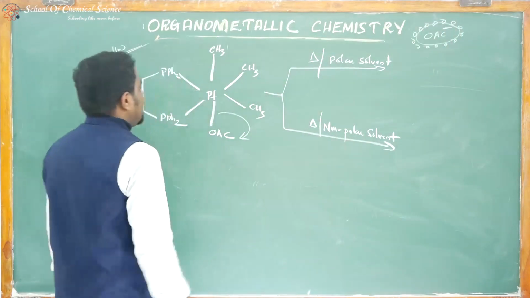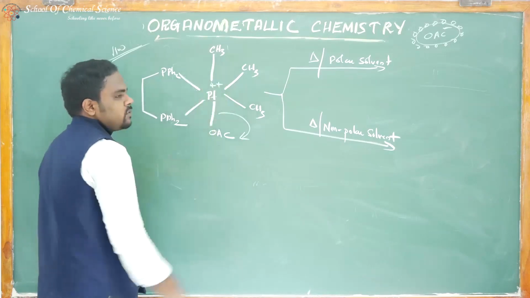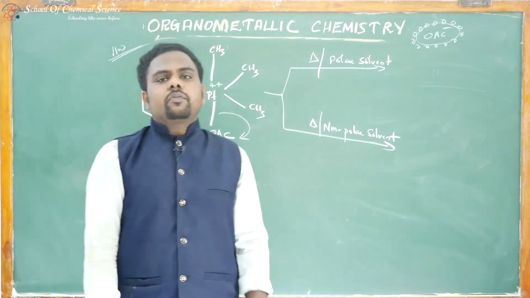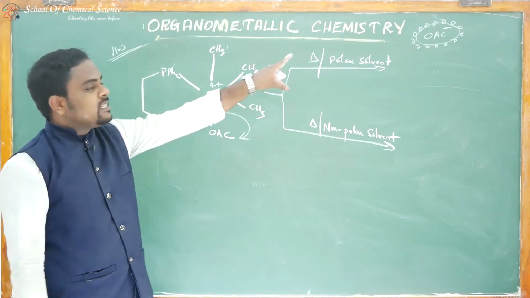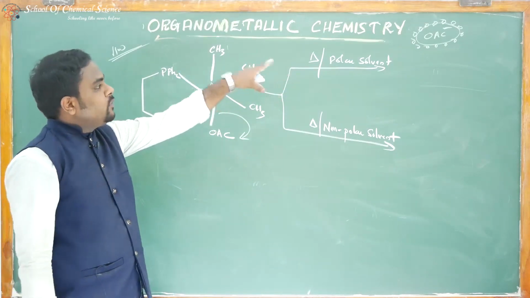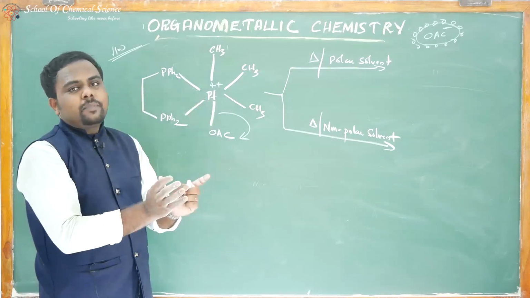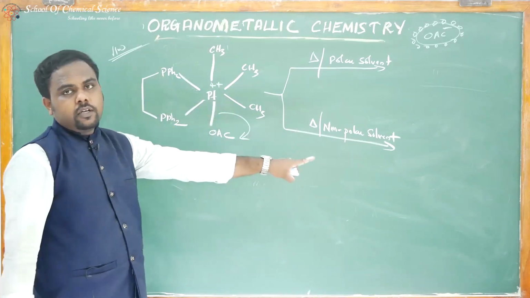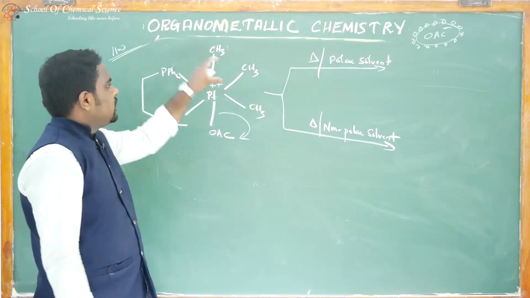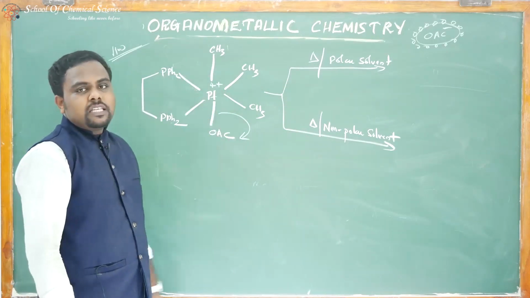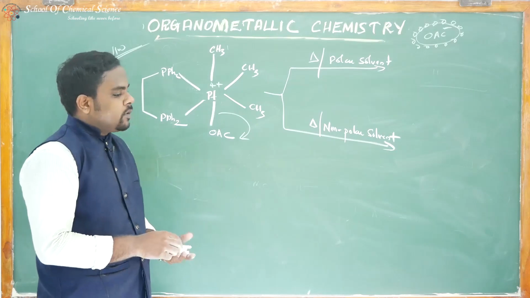Because this is the exceptional case, platinum in 4+ oxidation state usually prefers the stepwise mechanism. So as a result OAc minus is eliminated, but if you are using polar solvent that is trapped, so SN2 attack is not possible. So the usual product will be obtained. Otherwise with non-polar solvent, stepwise mechanism, CH3OAc will be your product.